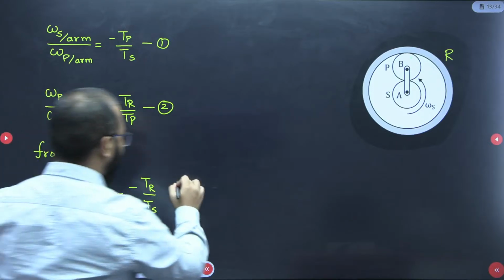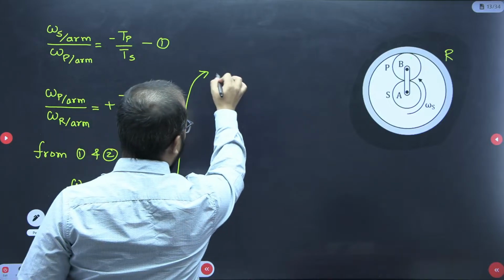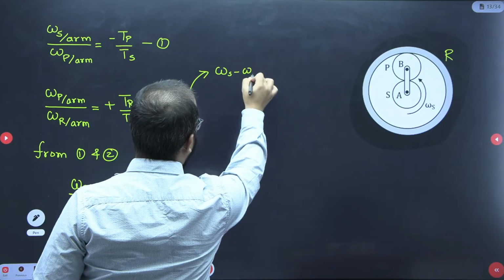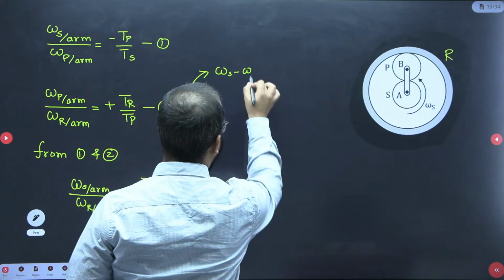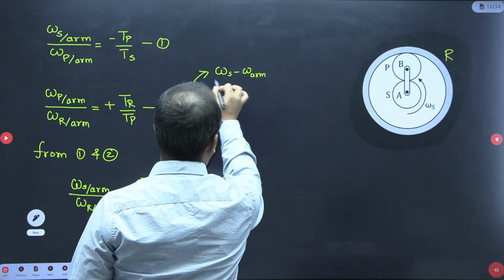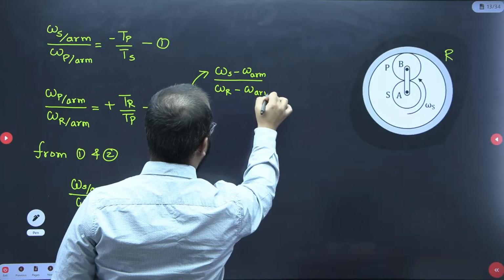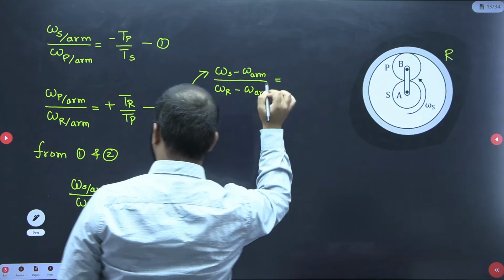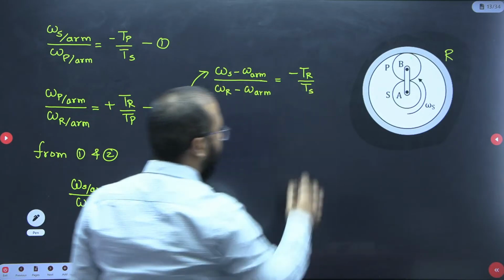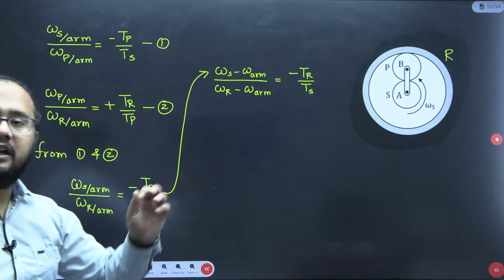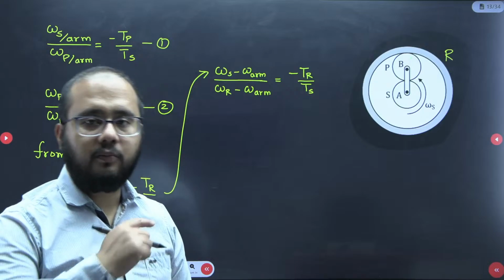Now if you expand this relation, omega s minus omega arm, not r, divided by omega r minus omega arm, equals minus TR by TS. Now we can calculate omega arm in terms of omega s and omega r, but there is one more problem here.